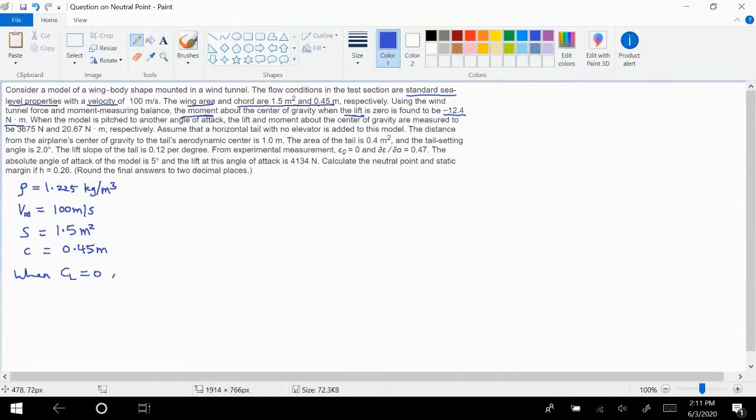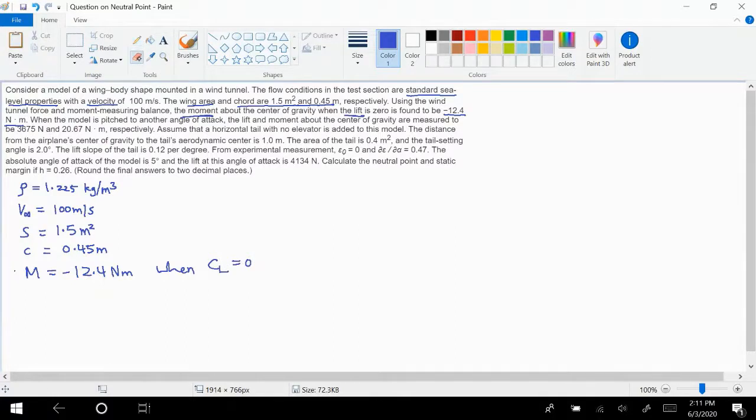It just says moment, it does not say moment coefficient. So let's not get ahead of ourselves. So moment is equal to minus 12.4 Newton meter when lift equals 0.